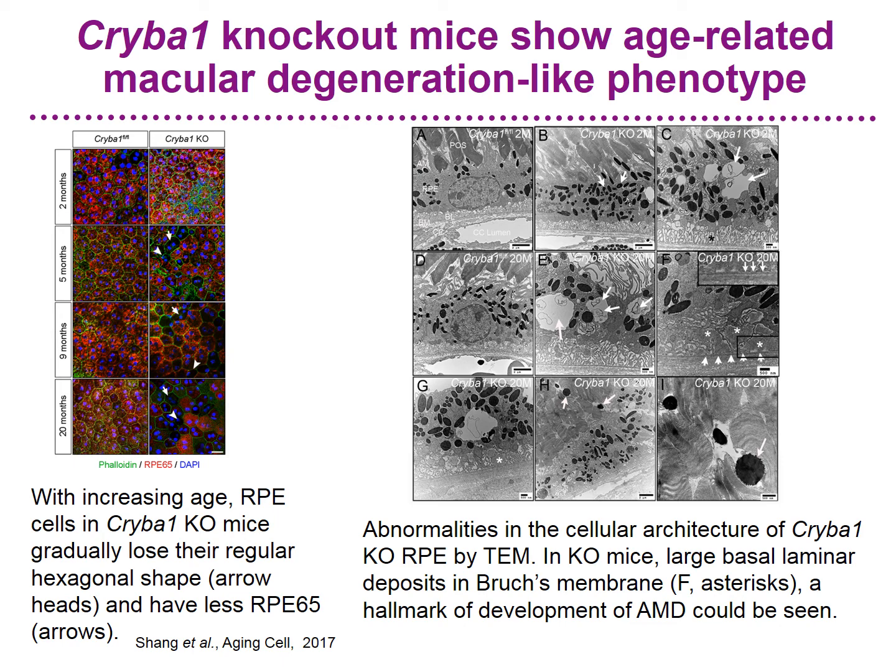Also, abnormalities in the cellular architecture of Cryba1 knockout RPE are shown by transmission electron microscopy. In knockout mice, large basal laminar deposits in Bruch's membrane are shown in panel F by asterisk, a hallmark of the development of AMD.